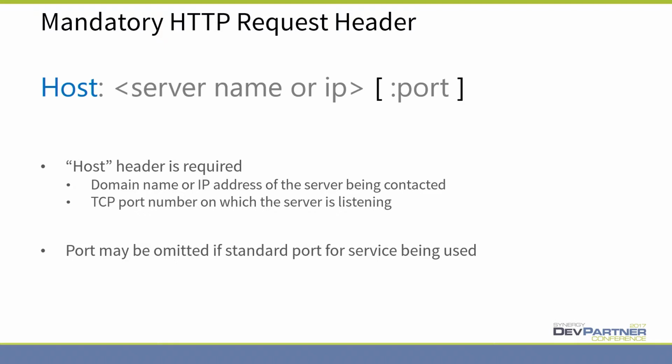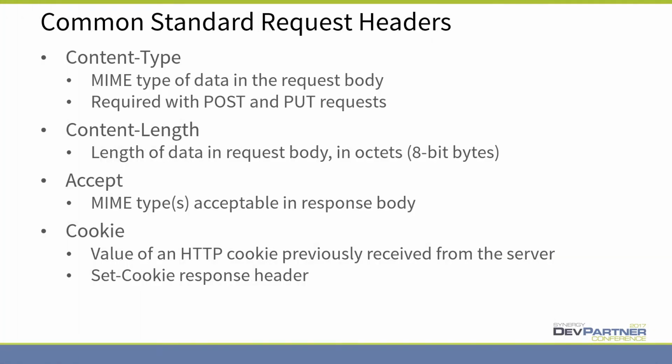So it might be host: www.google.com. That's the host you're communicating with. And that's why you don't tend to see the host in the request line. Back in HTTP 1.0, it was fairly common to put the whole URL in the request line. In 1.1, you tend to use the host header and just specify the path to the resource in the request. So the host header is identifying the server you're trying to send the request to.